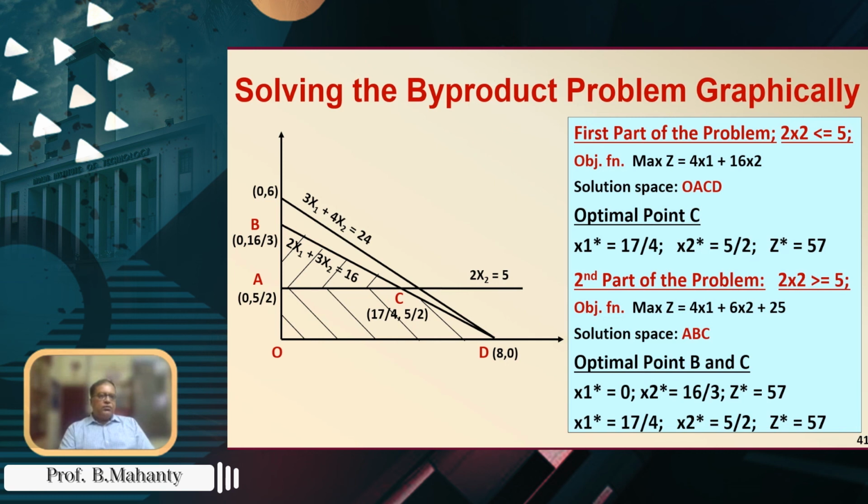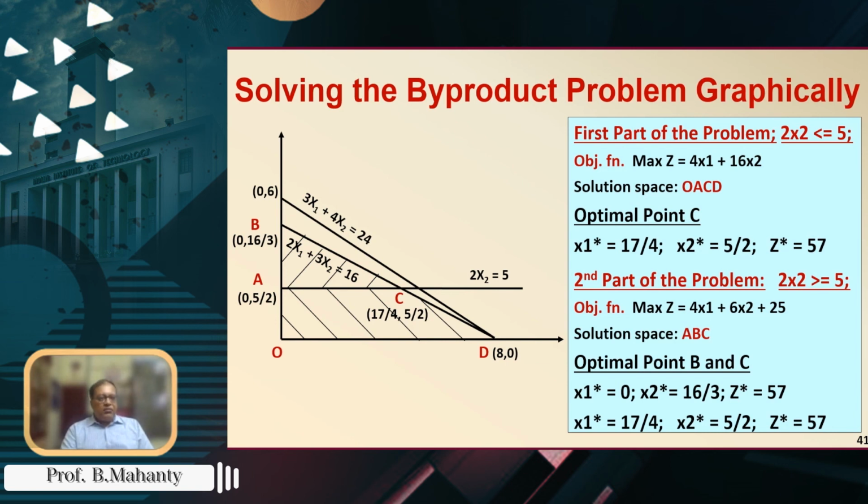Although D is a degenerate point, that degeneracy is not affecting us because it is a temporary degeneracy. If you had tried to solve by simplex, then that point would have been meaningful.